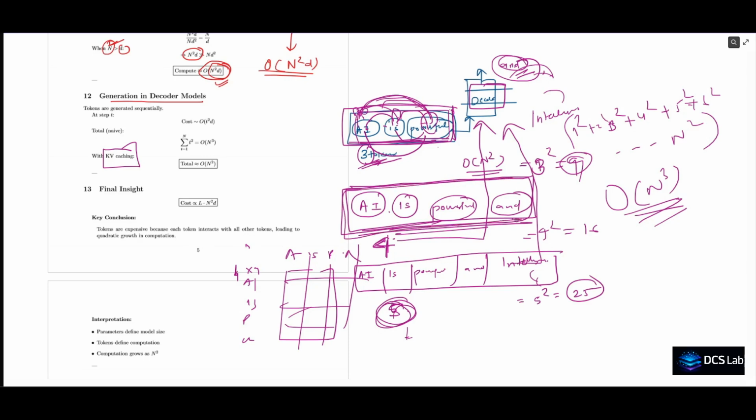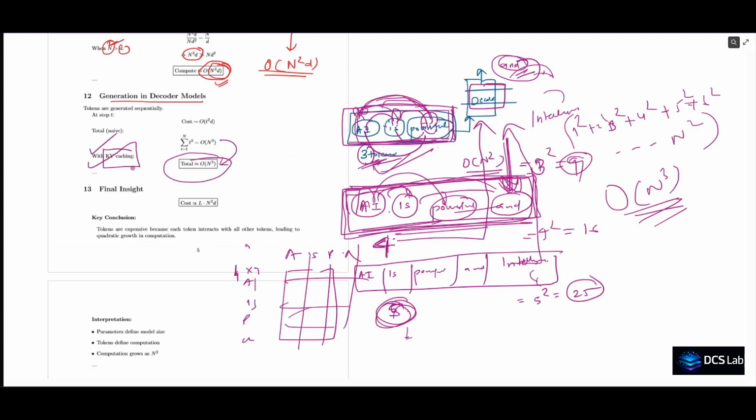What is important is calculating the attention score between the newly arrived token and the other tokens. Only this is important. There's no point in recalculating again the importance of AI with is, AI with powerful. That attention score we have already calculated above, right? That kind of optimization is done, and hence we reduce this order of n cube to order of n square.